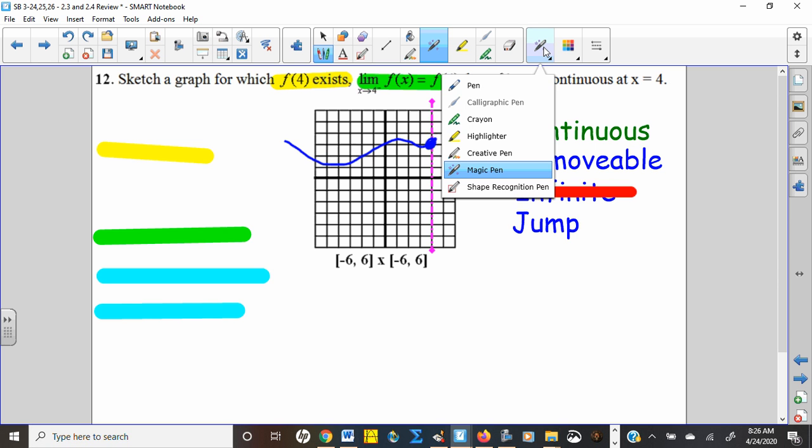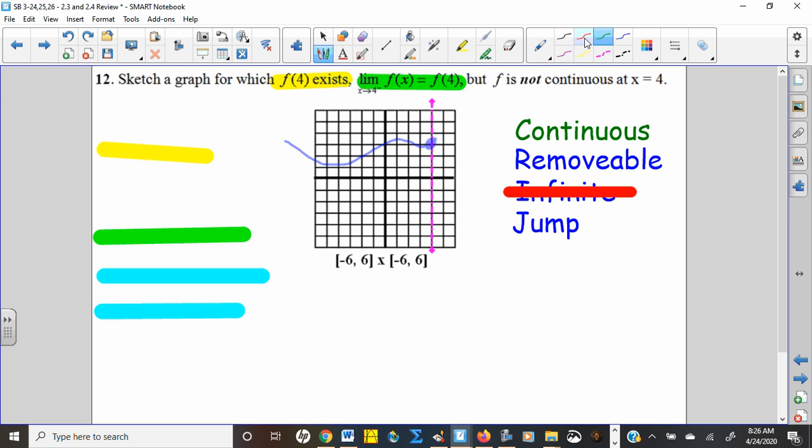So f of 4 exists. I don't know where, but I'm going to say right here. And now the second part tells me that my function actually approaches that value from the left. But it's not continuous. So as soon as they tell me it's not continuous, that takes care of continuity. It can't be continuous.